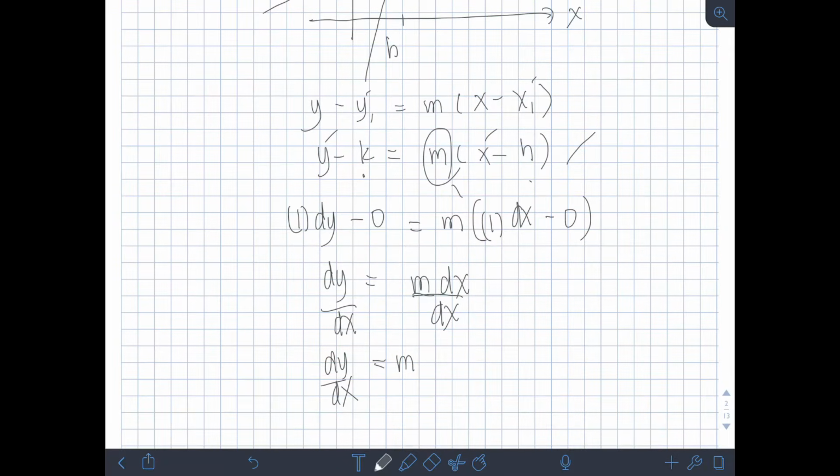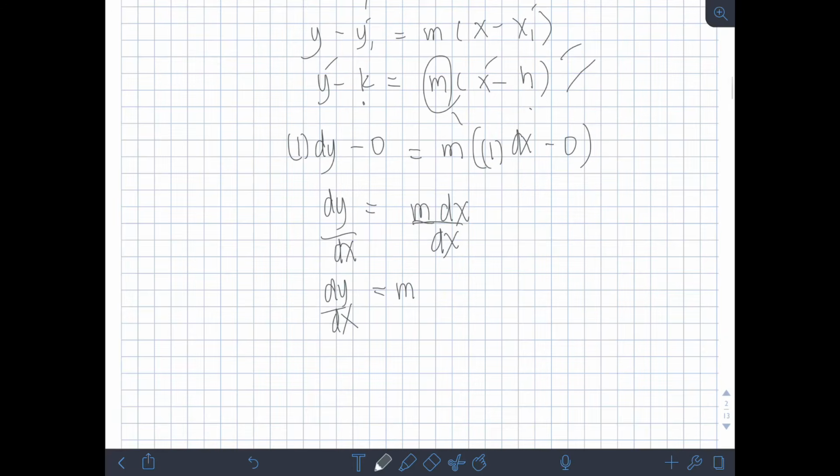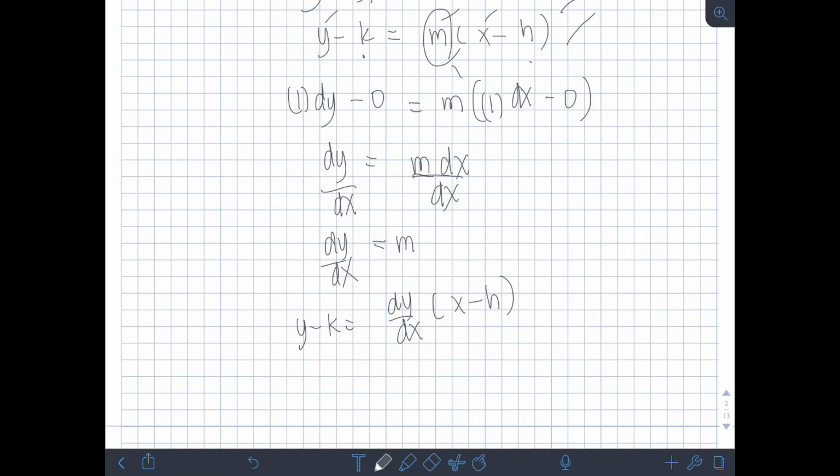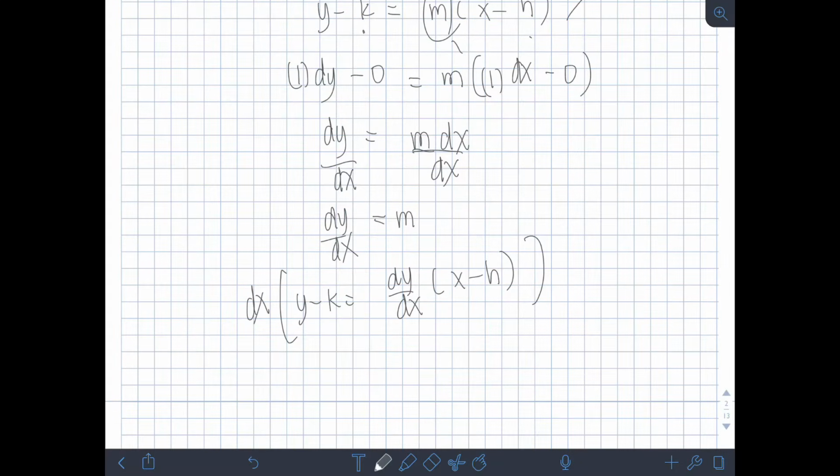Now, itong m natin na dy over dx ay pwede na nating i-substitute dito sa original equation natin para ma-cancel siya. So, we have y minus k is equal to m na dy over dx times x minus h. Or pwede nating i-multiply both sides of the equation by dx para ma-cancel yung denominator. We have (y minus k) dx is equal to (x minus h) dy. Ginawa ko lang dito. So therefore, this is our differential equation.